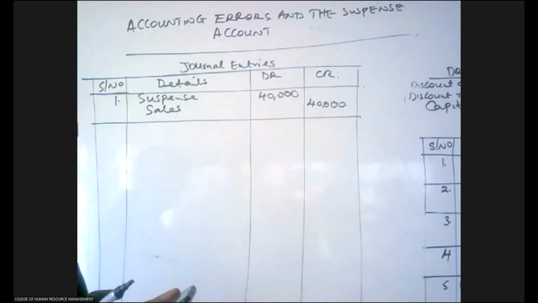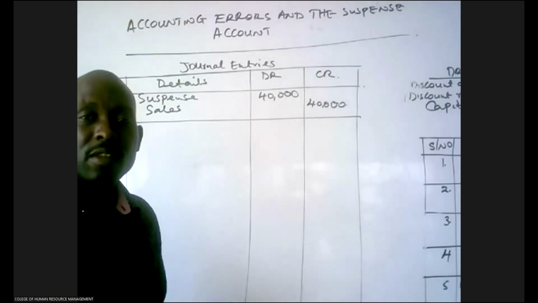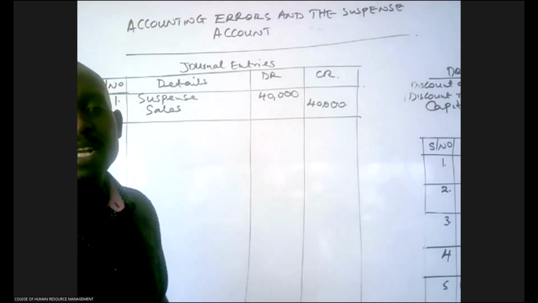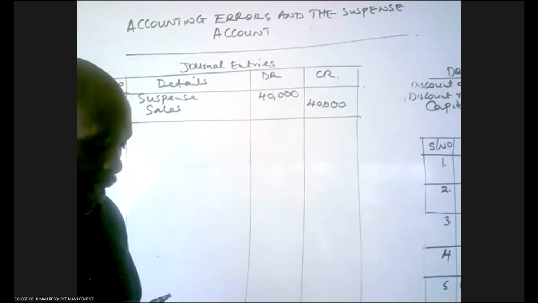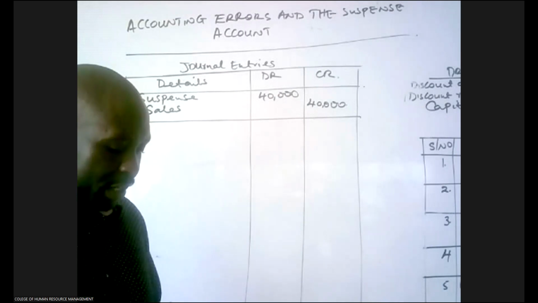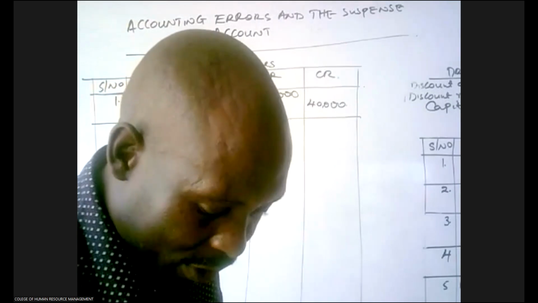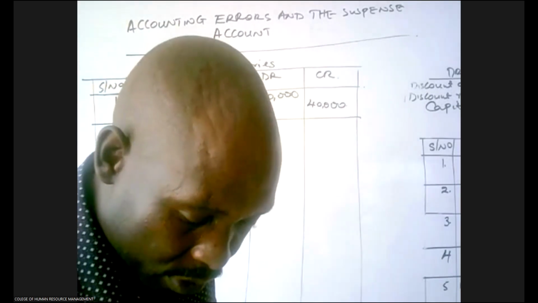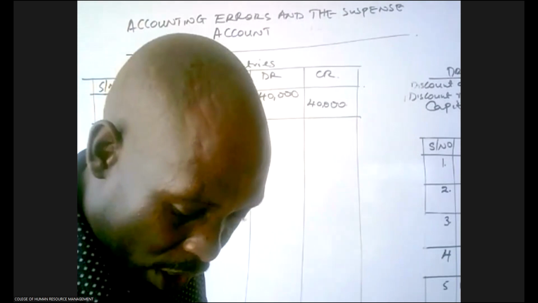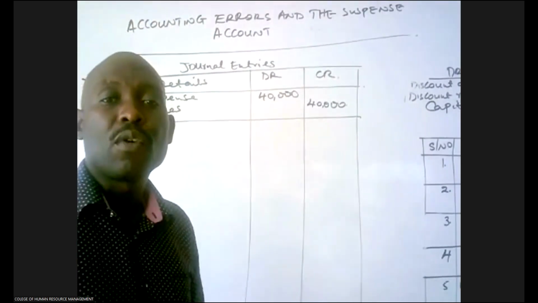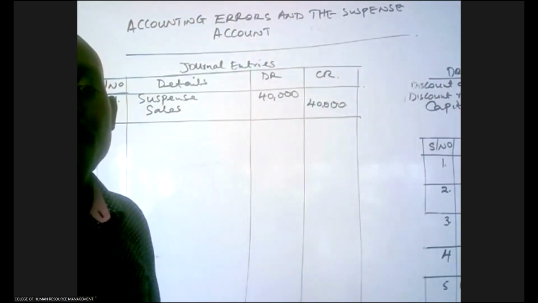Number 2, rent receivable was recorded as 127,000 instead of 271,000. Rent receivable, the same as discount received, those are incomes or revenues and should be credited. But now the problem here, we credited with a wrong figure. Instead of 271,000, we credited 127,000. So we credited by 144,000 less.